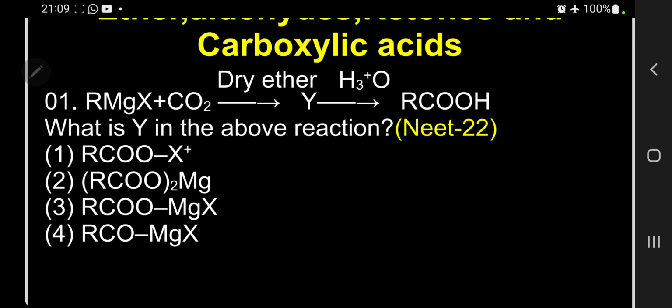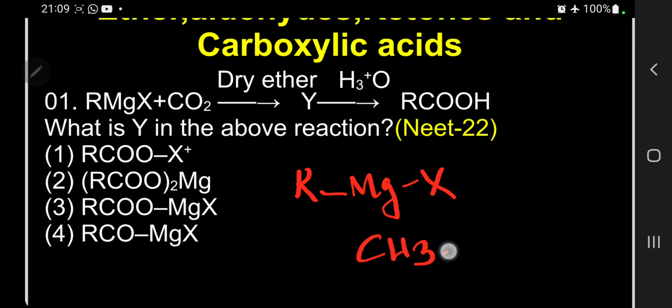What is Grignard reagent? That is RMgX. This is called Grignard reagent. Specifically, if you want, I will write now: methyl magnesium iodide. So this synthetic reagent will be used normally to prepare a number of compounds.